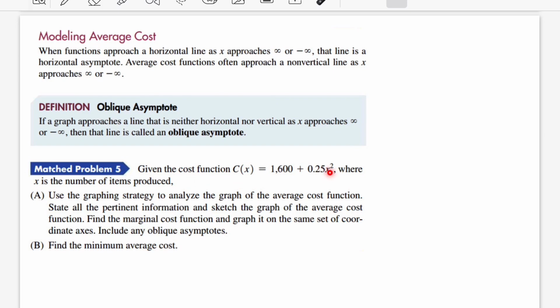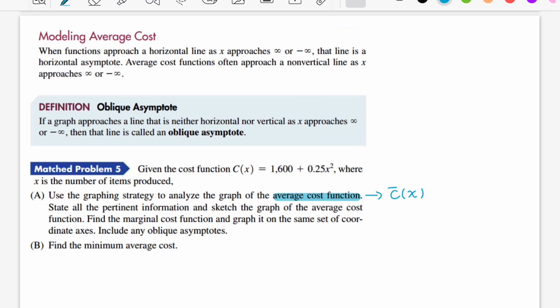So we're given the cost function c of x here, where x is the number of items produced. And what we want to do is use the graphing strategy to analyze the graph of the average cost function. And if you remember from section 2.7, I believe, the average cost function is denoted by this here.